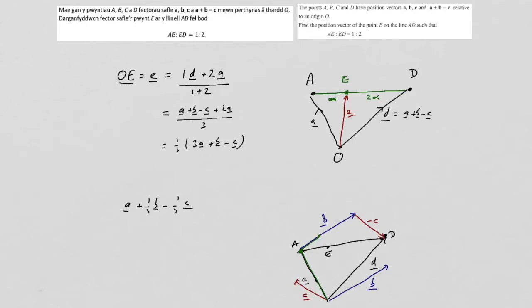And then if we take away a third of C, so that's C going in the opposite direction, then that does indeed take us to E. So we can see on this rough sketch that our answer is reasonable at least, it's not completely mad, and so we could be happy with the answer.